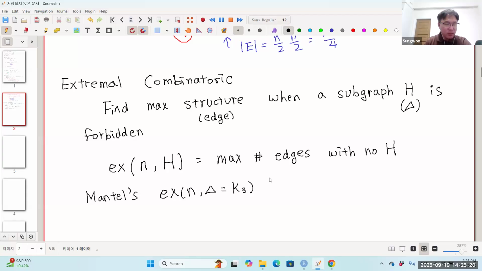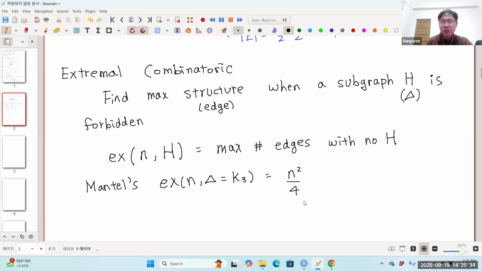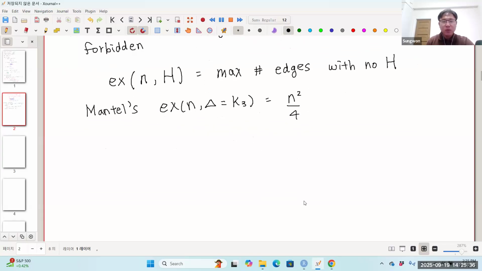This is equal to n squared over 4. And there's some further research after that, so there's another theorem.